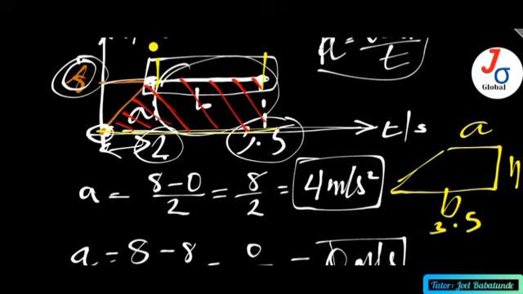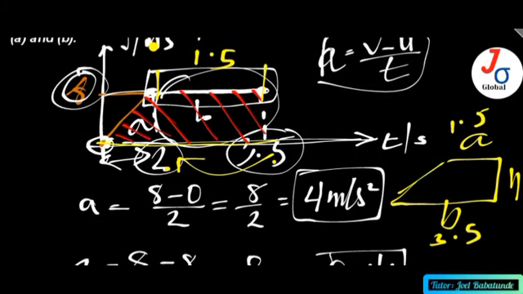Our a is this minus this, subtracted, and that's 1.5. Then what's our h, the height? It starts from 0, that's 8. So h is 8.